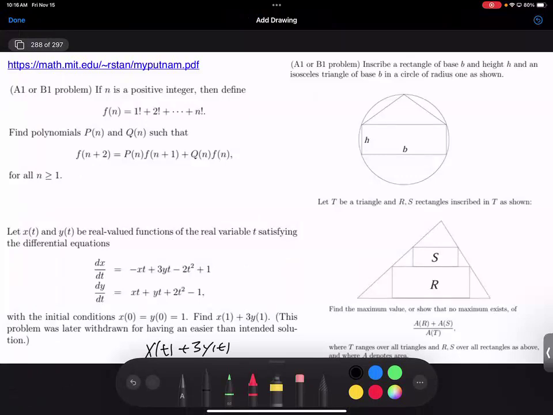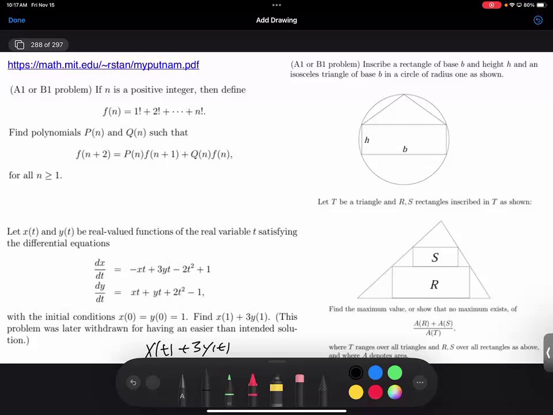And so if you look at the problems, I'm going to assume that that's not x of t, that it's x times t. Do you see any nice way to get x of t plus 3 y of t? dx dt y1 plus like 3 times dy dt.